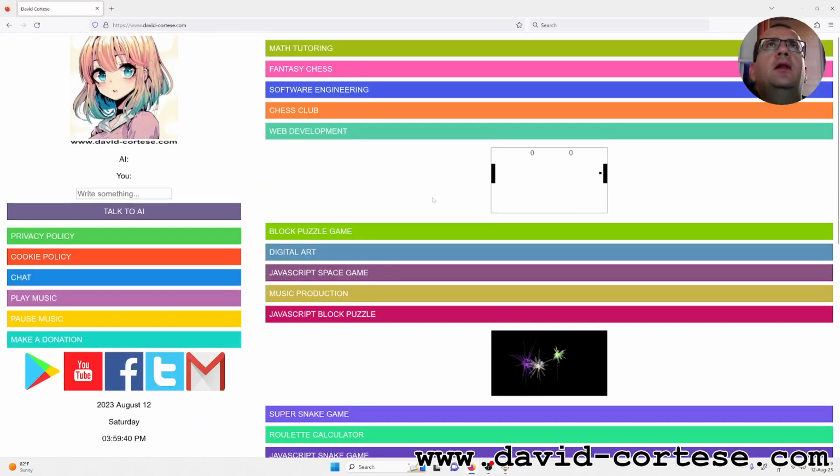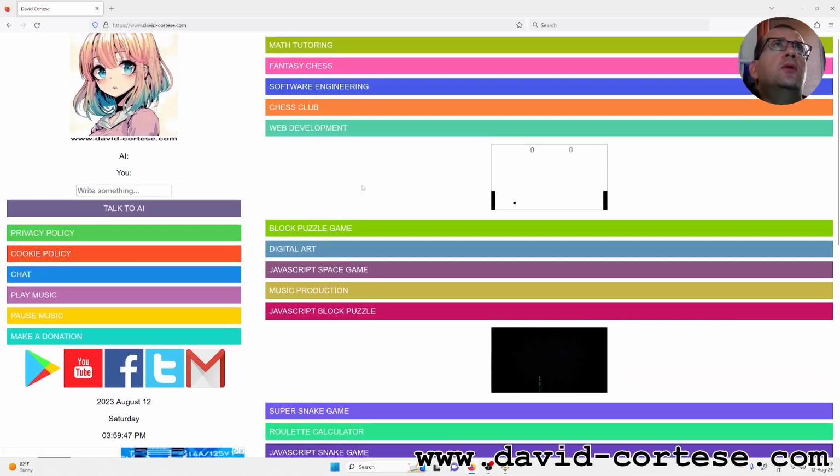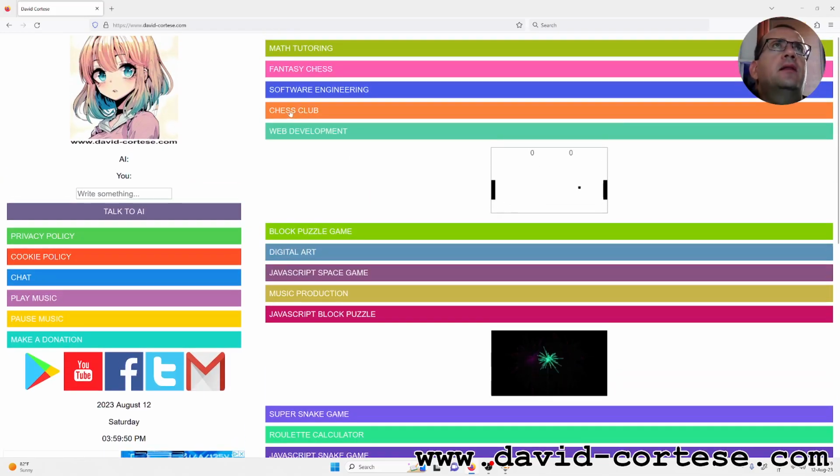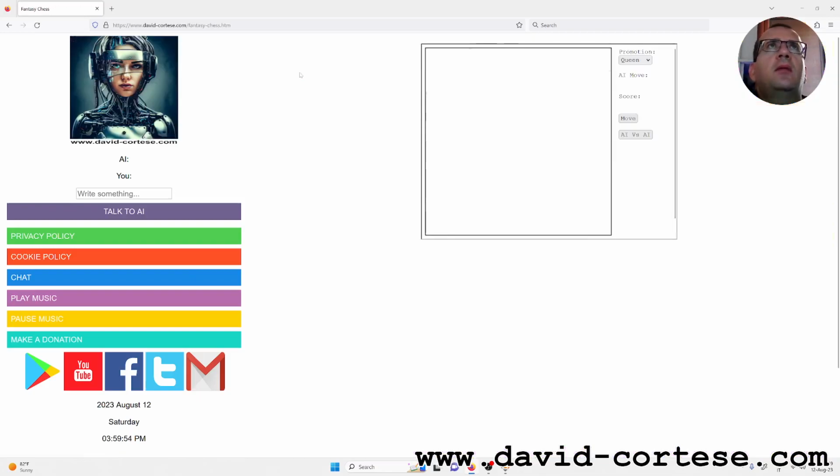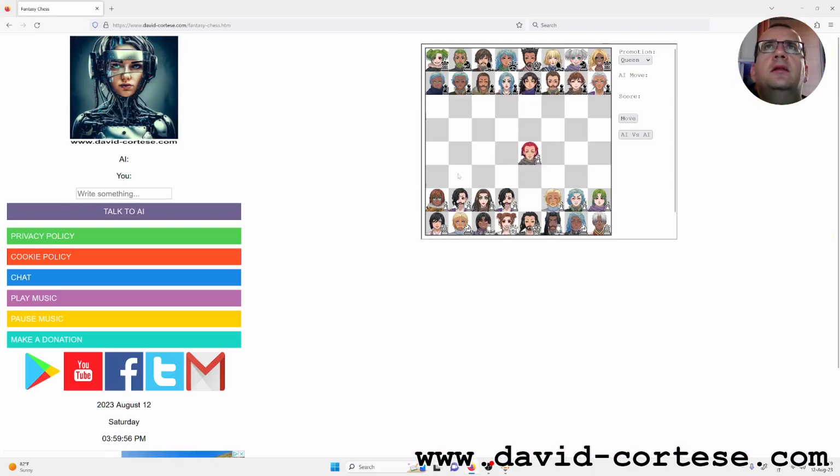You can find a lot of interesting things about mathematics, software engineering. You can also play these games coded in JavaScript. For example, Fantasy Chess. It's an interesting game of chess. Everything works well. You can play as white or black, changing here.